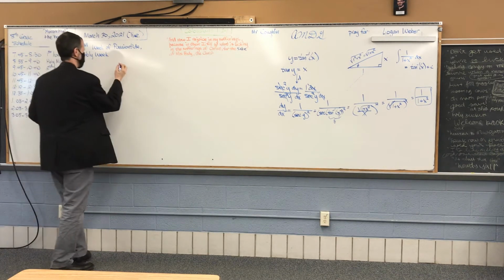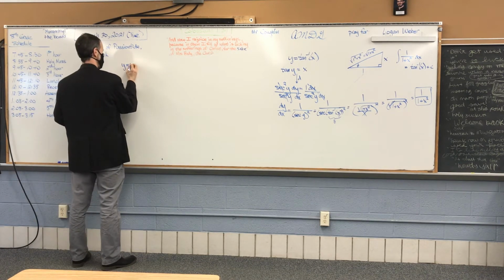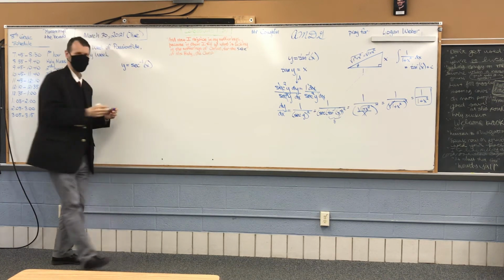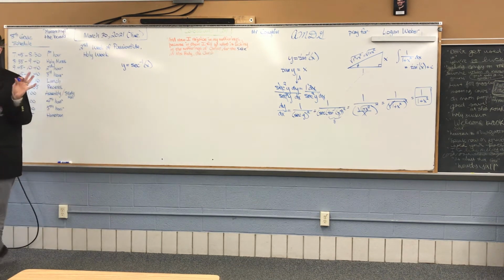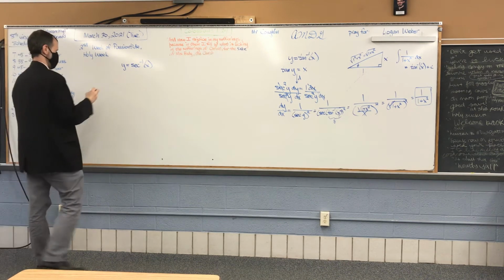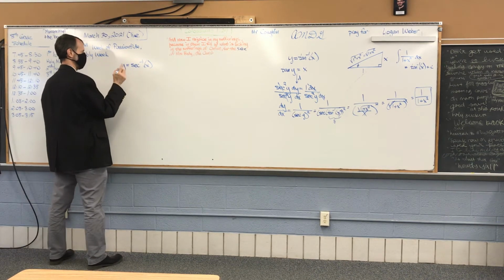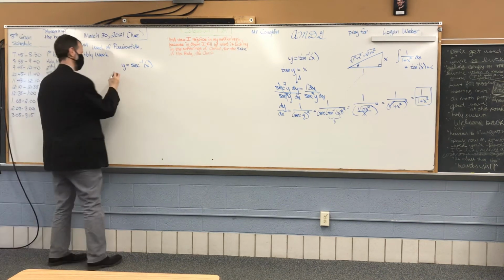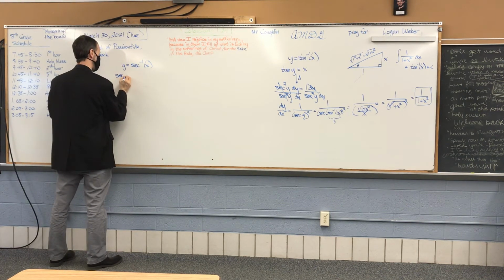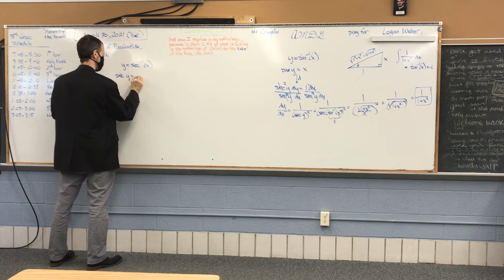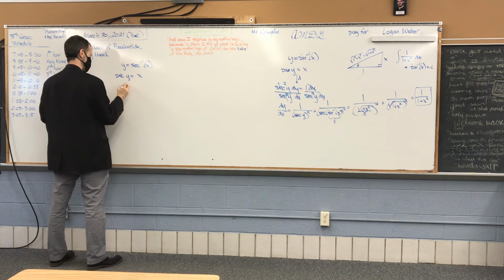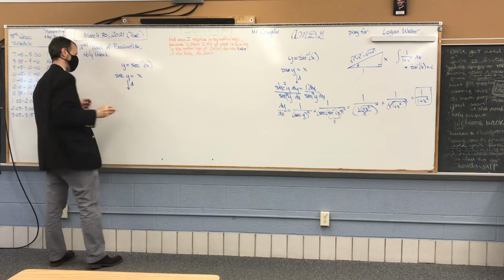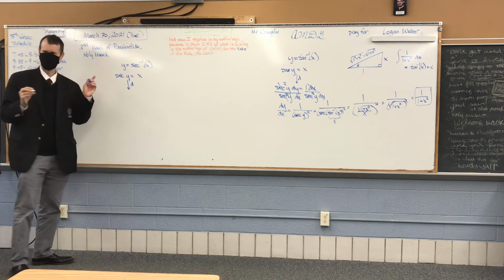This gets interesting. y is equal to inverse secant of x. Talk me through it. Same procedure. I can't take the derivative as it is because I don't know what it is. Take the secant of both sides, so secant of y equals x. Now take the derivative. What's the derivative of secant?